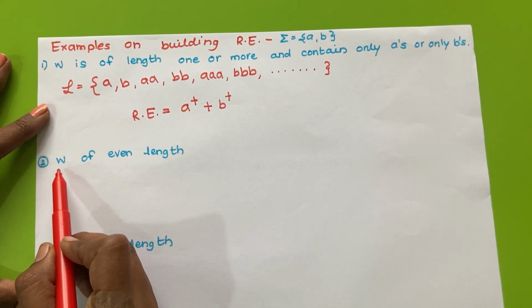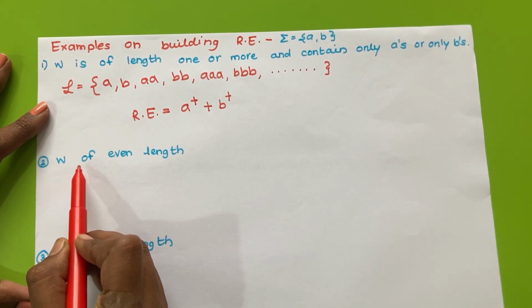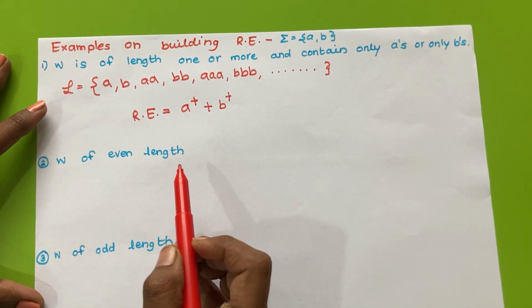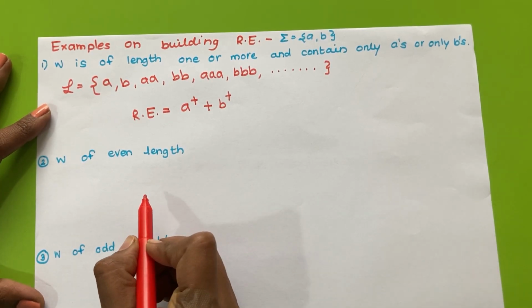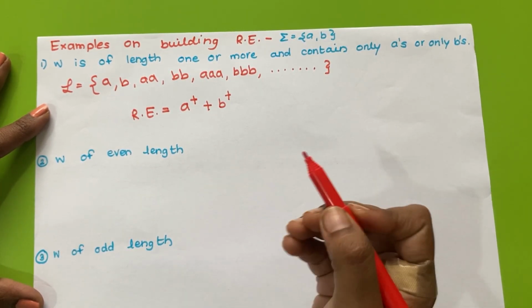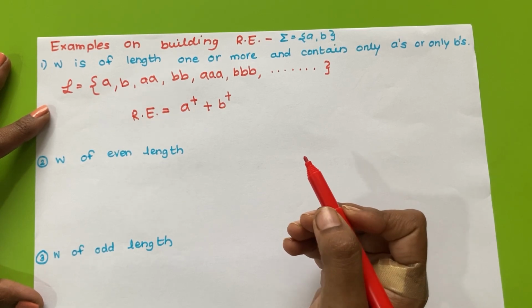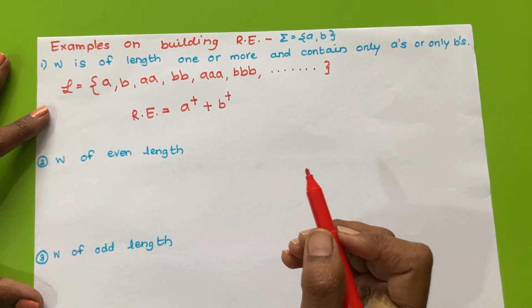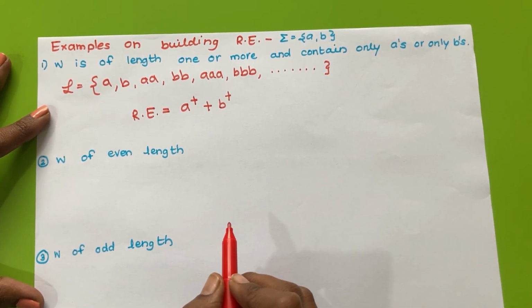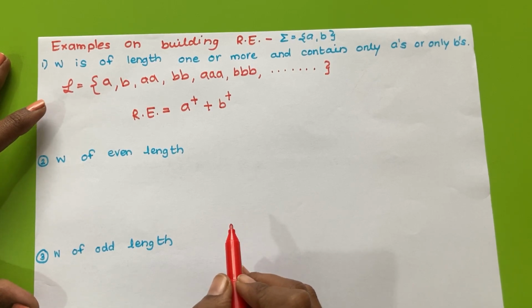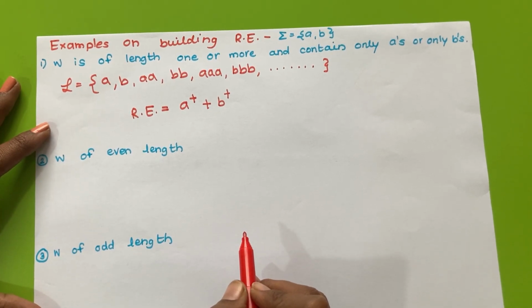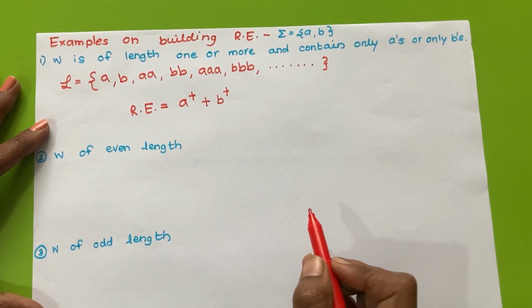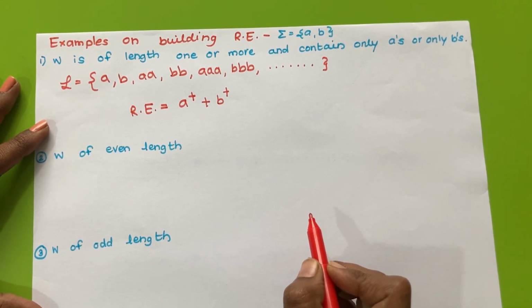Now the next example is we want the words of even length. For even length it will be a multiple of 2, and in the even series we are considering 0, so here the empty string will be considered.